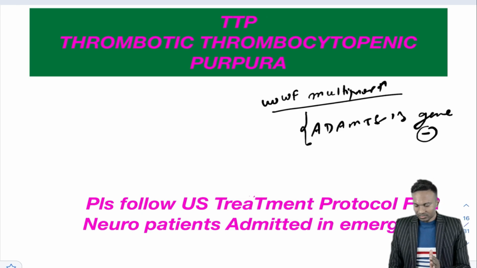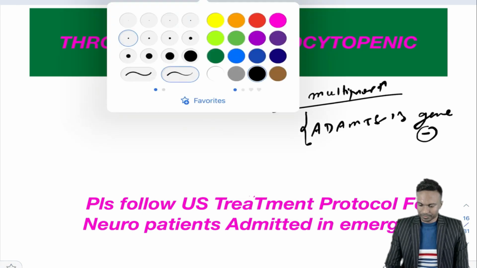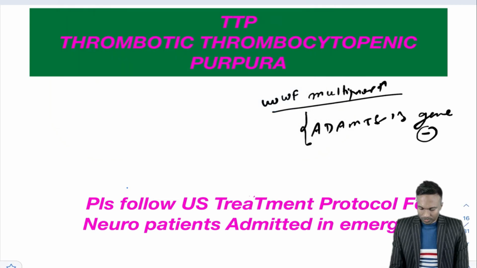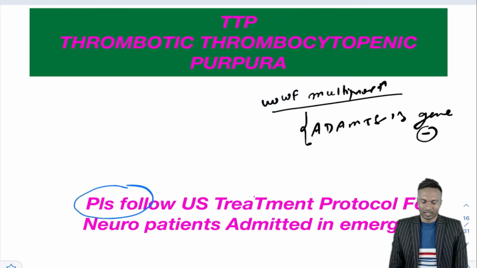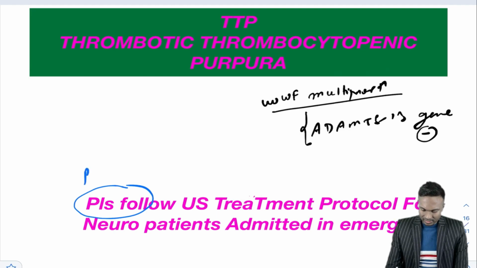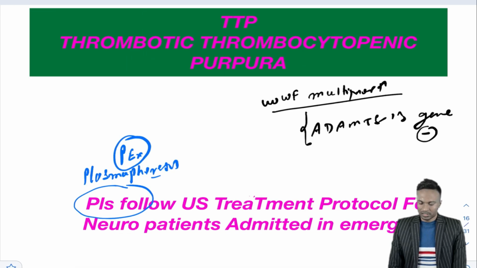We have: Please follow US treatment protocol for neuro patients admitted in emergency. Please follow this part is related to treatment of TTP, that is plasmapheresis, or plasma exchange, right?